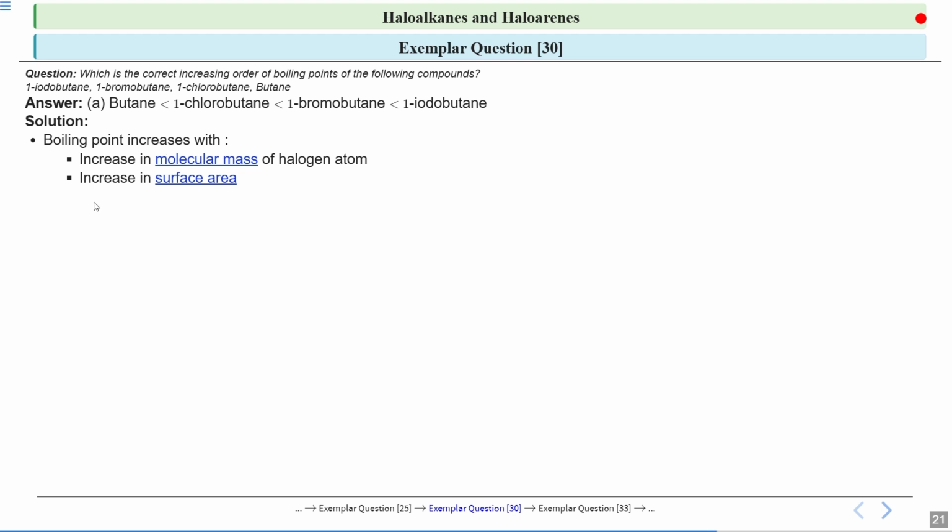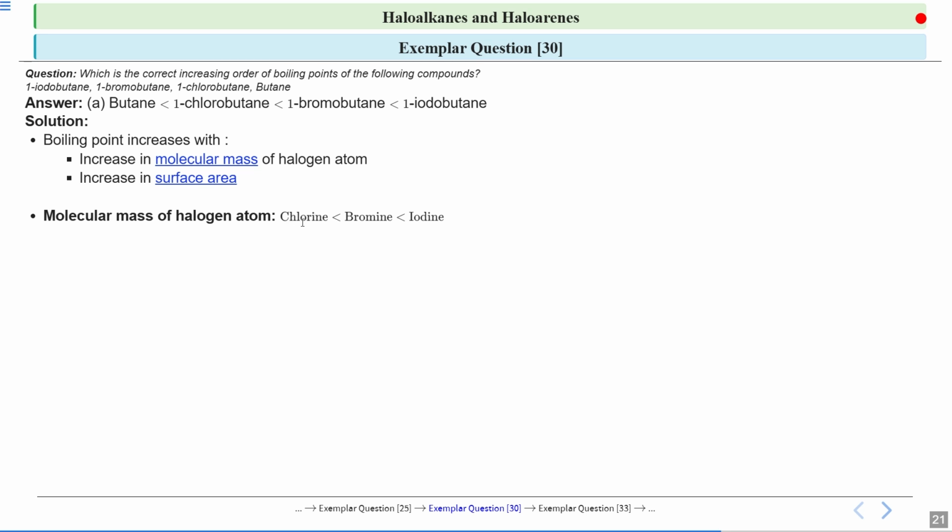The boiling point is also affected by the surface area. The boiling point increases with the increase in the surface area of the molecule. If you see the atomic mass of the halogen atoms, iodine has the highest atomic mass, then bromine, and chlorine has the least.